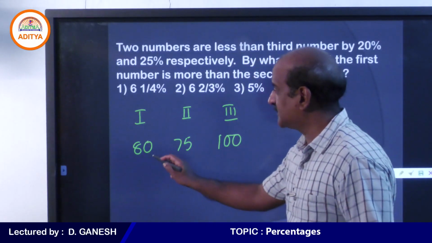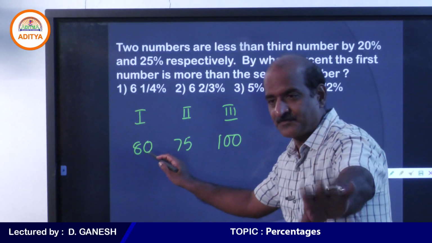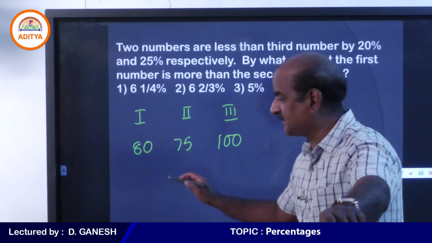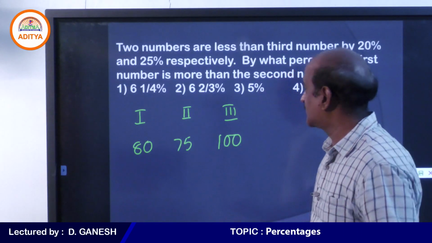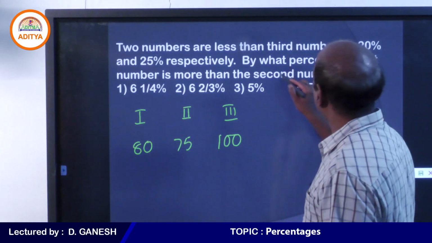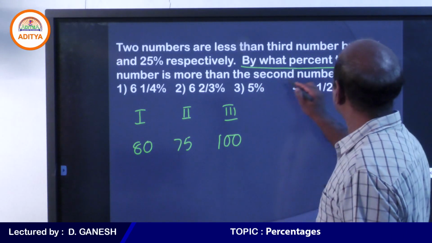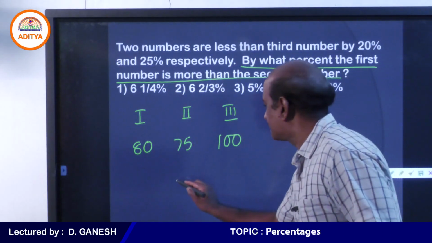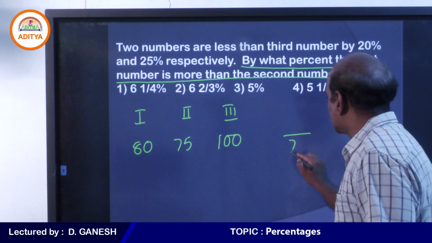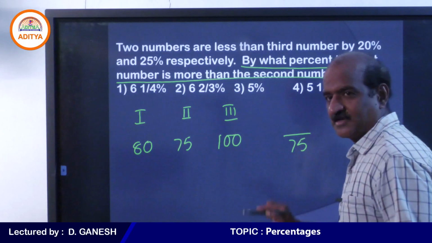Now the first number is 20% less, so 80. Second number is 25% less, therefore 75. The question is, by what percent is the first number more than the second number? So we need to compare with the second number, which is 75.